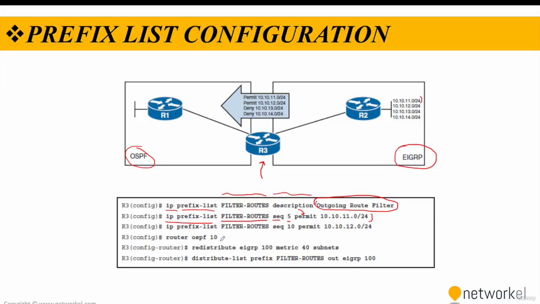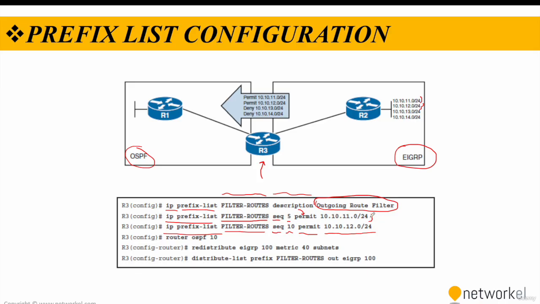Then I have another statement for the same prefix list, with a sequence of 10, which permits 10.10.12.0/24. That is this subnet.